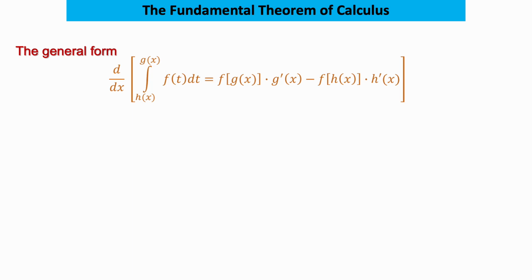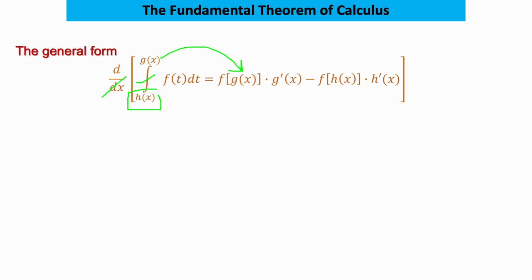But in some cases, the boundaries are not numbers, or the boundaries are both functions, or one of them is a function and the other one is not. This is what we call the opposite of the chain rule. All what we do, the integral will cancel the derivative, but we replace with the upper bound function, multiplied by the derivative of that function.